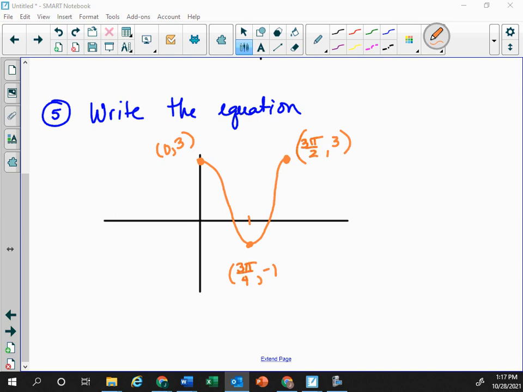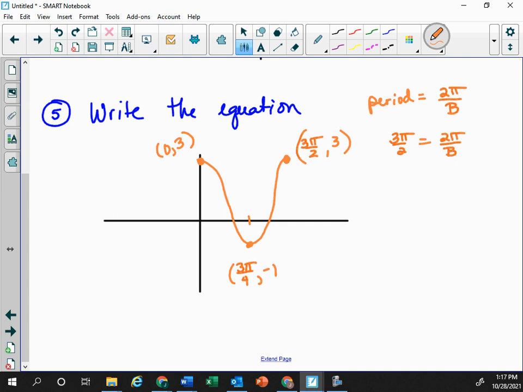Isn't this one cycle of the graph? And how far, so would it be 3 pi over 2? So the period we know is that, correct? You're right. So that 3 pi over 2, and then the p value for you.